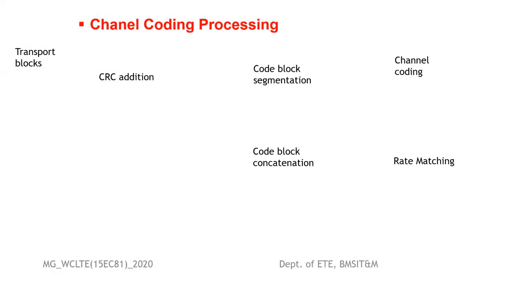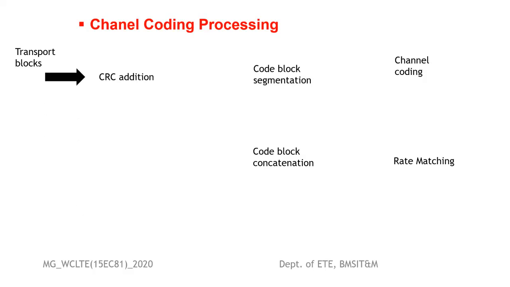The downlink transport channel processing has two major processes. One is channel coding, and the second one is modulation. Let us consider the first one, the channel coding process. The data and control information coming from the MAC layer are organized into a transport block.